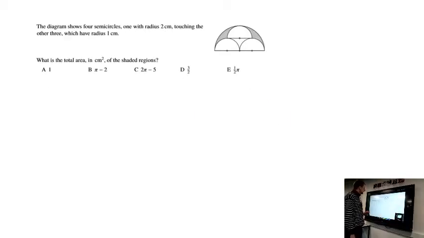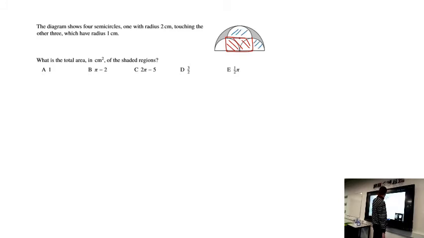Okay, so what do we know? We know that we have 3 semicircles. So that's basically 1.5 times the area of a circle, or we can see it a different way. We could see there's a rectangle, and then we're adding a whole circle.